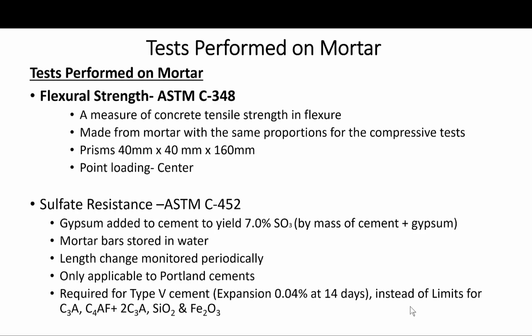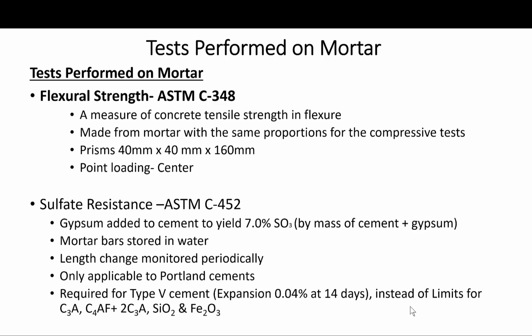Again, using graded standard sand, the sand to cement-plus-gypsum ratio in this case is 2.75, and the water to cement-plus-gypsum ratio is 0.485. Okay.